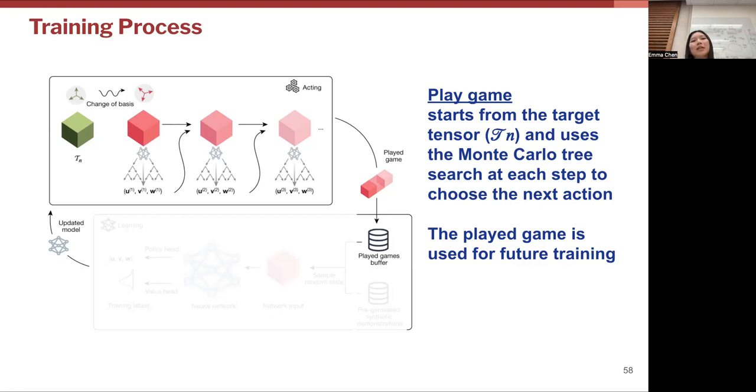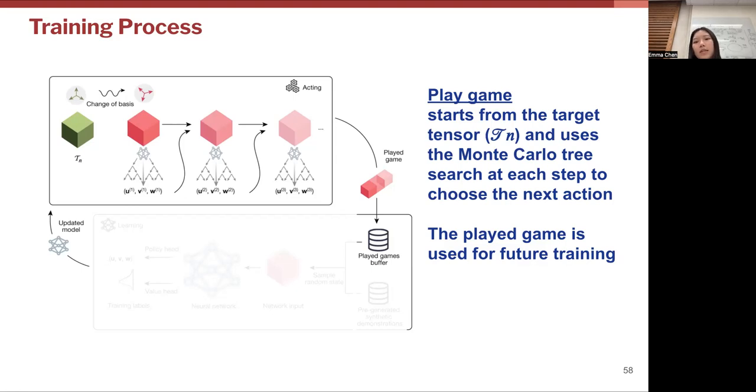So I'm going to repeat it again. At each step, I'm going to run a lot of simulation. And after all this simulation, I will have the optimal action to take for this step, and I'm going to take that action and reach the next step. And then the cycle repeats. I'm going to do simulation, find the action to take for the next step, take the action, and then go to the third step continuously until the game ends.